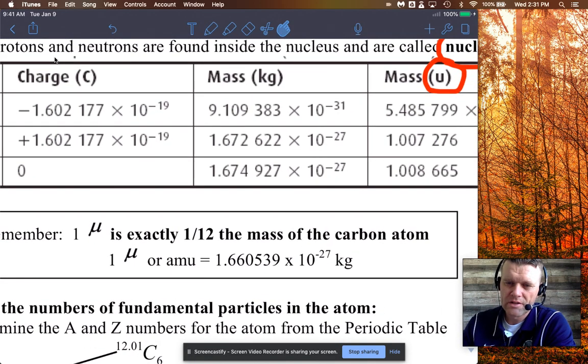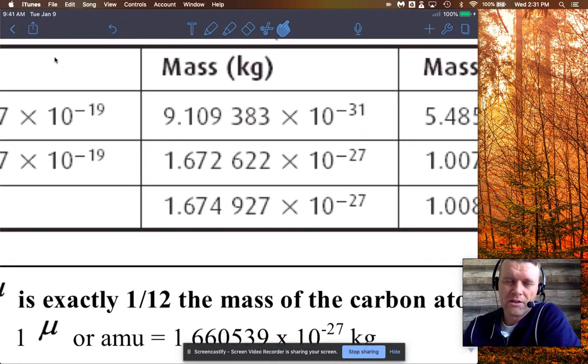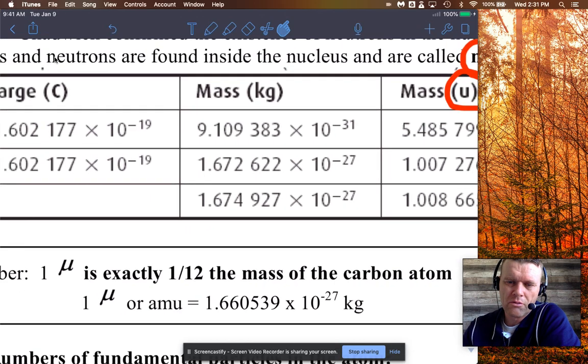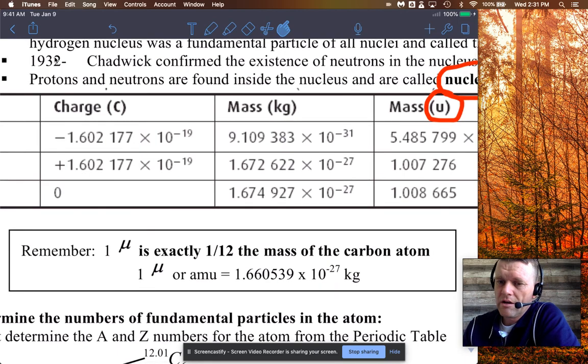And scientists, when they started studying the nucleus, quickly realized that dealing with kilograms was going to be a real pain in the neck, because these numbers here are just ridiculous, okay? Times 10 to the negative 31 and 27, and they're just small. So what they decided to do was take the mass of a carbon atom and cut it into 12, okay?